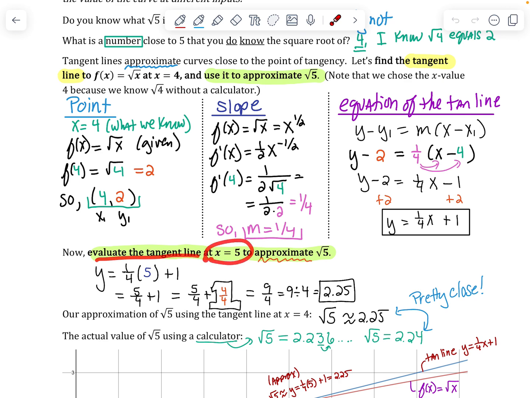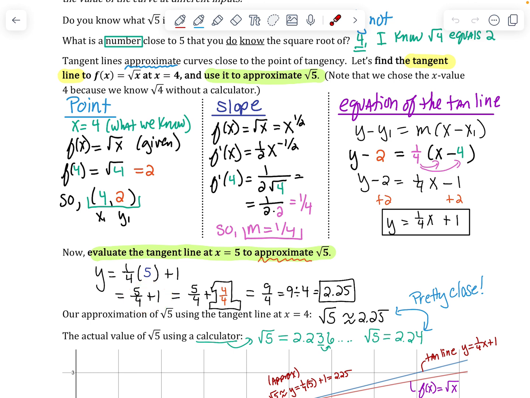So we're going to evaluate the tangent line at x equals 5 because it's going to be super close to the actual answer of the square root of 5. So taking this equation and plugging a 5 in, super easy math, right? This is really 5 over 1.